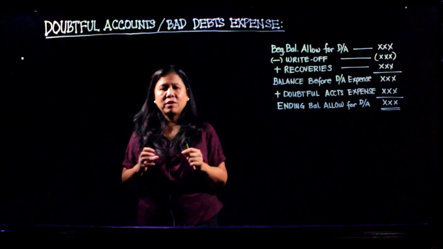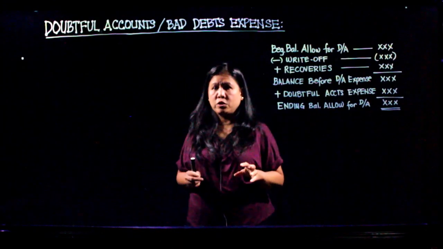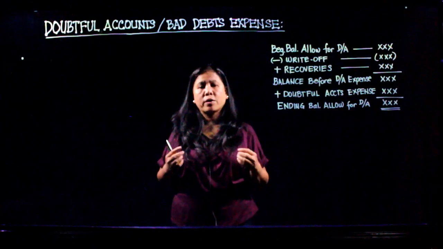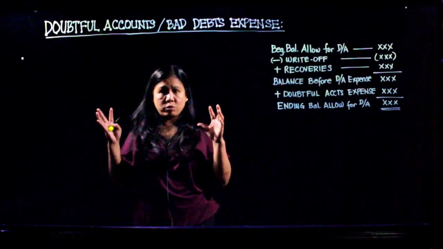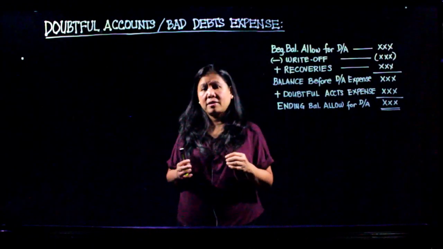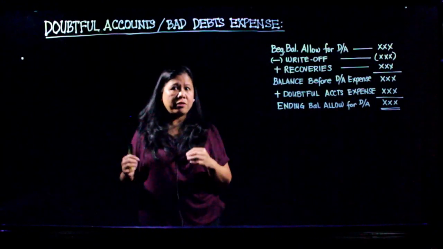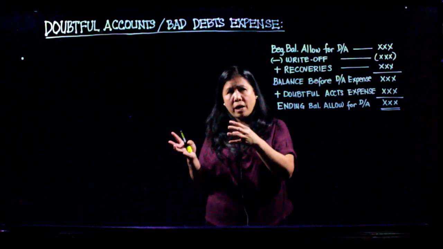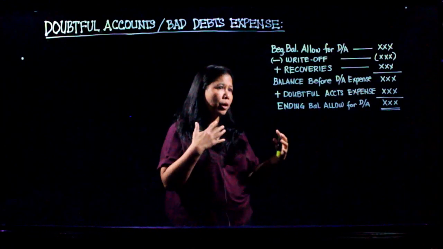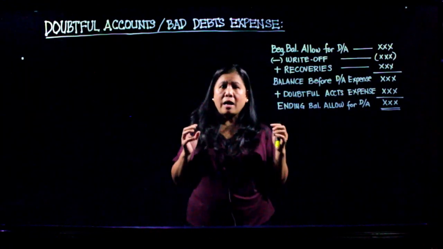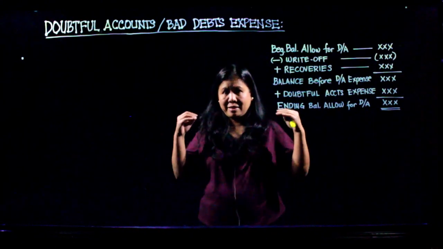All right, now let's talk about the three methods of estimating or calculating our doubtful accounts expense or bad debts expense. Before we get into the three methods, let us recall our allowance for doubtful accounts T account.